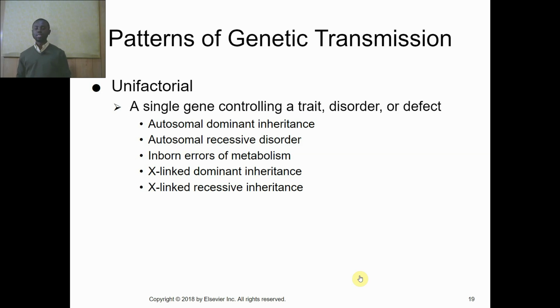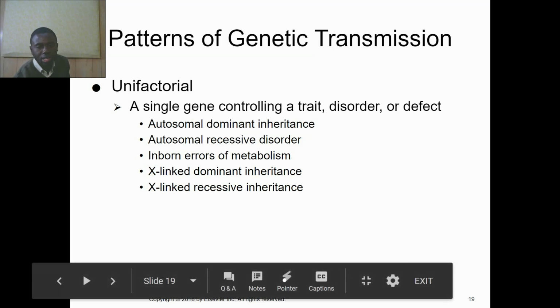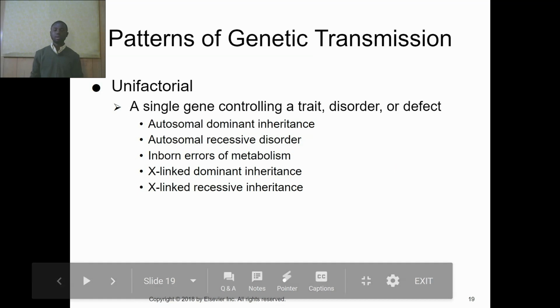So the trait often first appears only in siblings rather than in parents and children, and about 25% of the family will be affected and express the trait. I don't want you to go into very much details about this because we just want you to know something about these.